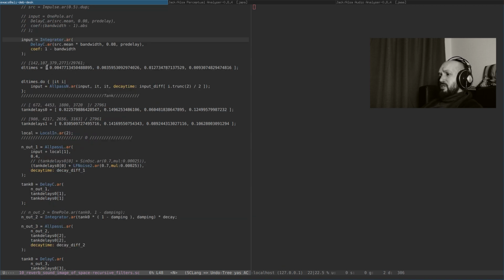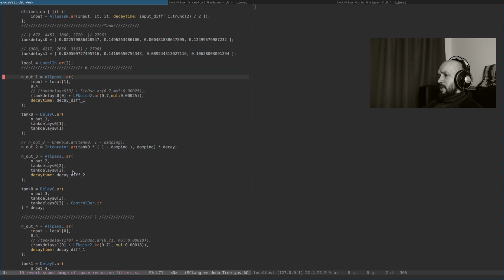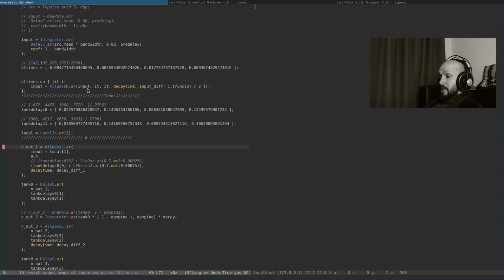Delay times, I just took the delay times from the block diagram itself, converted them to seconds, and use them like this with SuperCollider's all pass filters, because they accept the delay time in seconds.